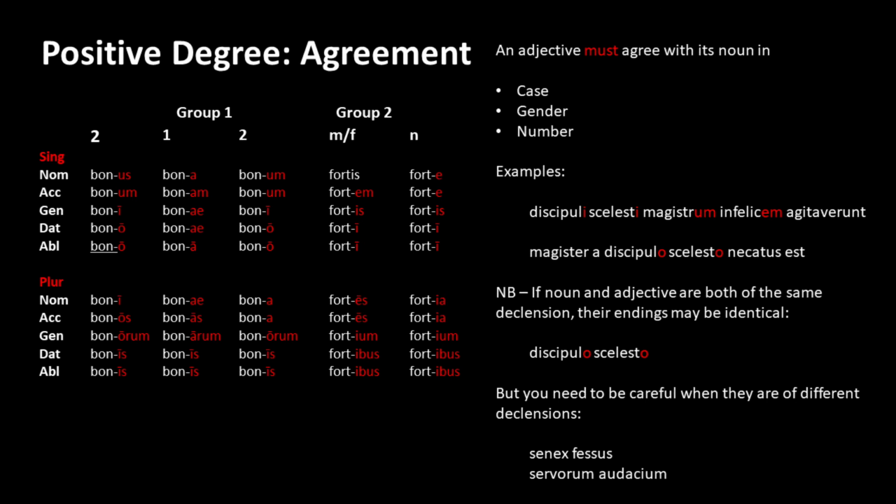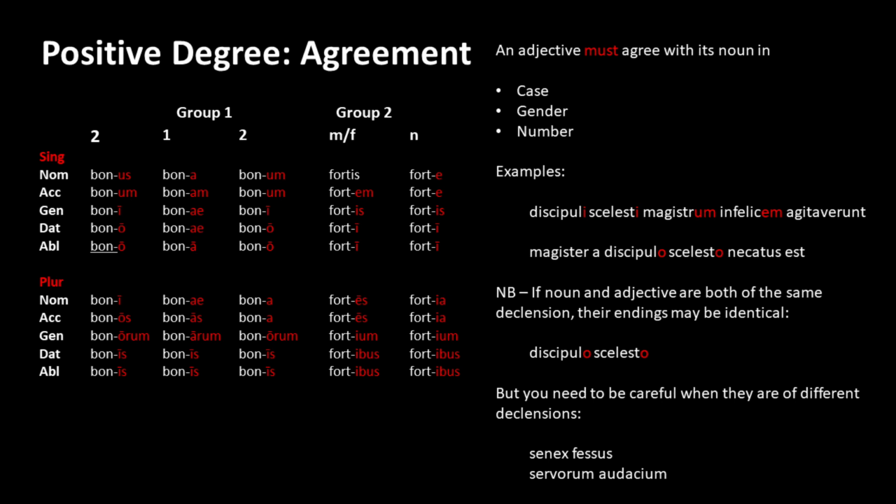Or look at this example, servorum audacium, genitive plurals both, of the daring slaves. Notice that servorum is a second declension masculine plural genitive, and audacium is a group 2 or third declension plural genitive, though its gender is not clear. You must find that by looking at the gender of the noun that it qualifies.